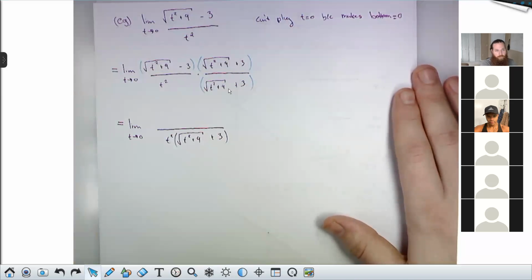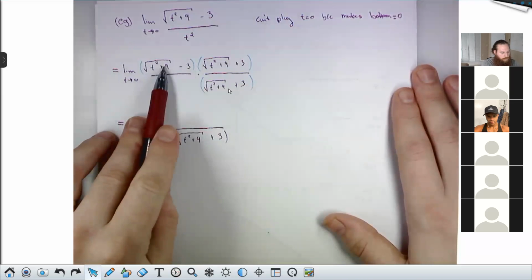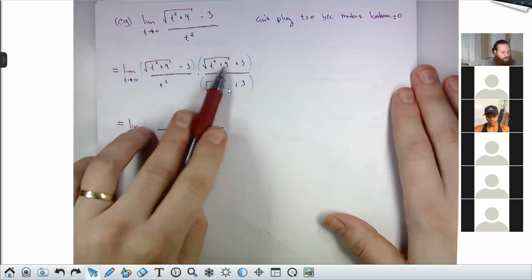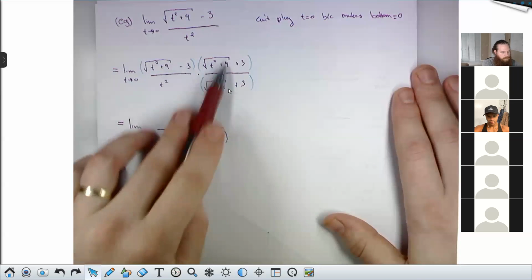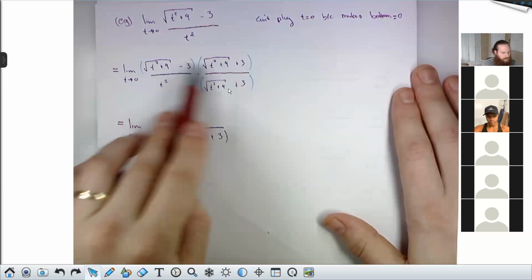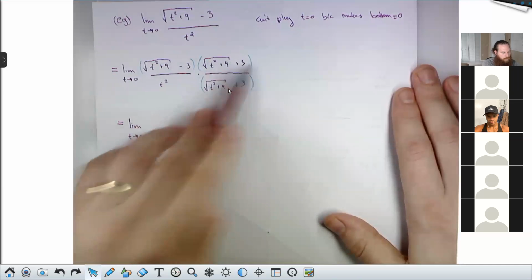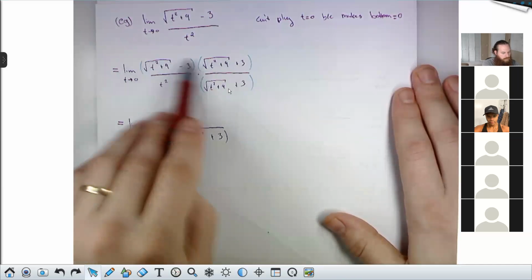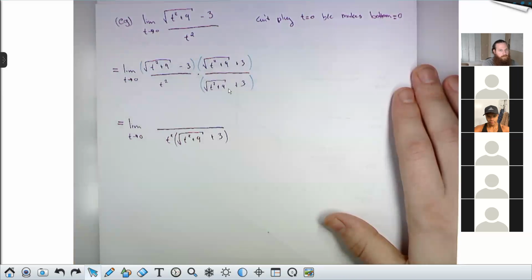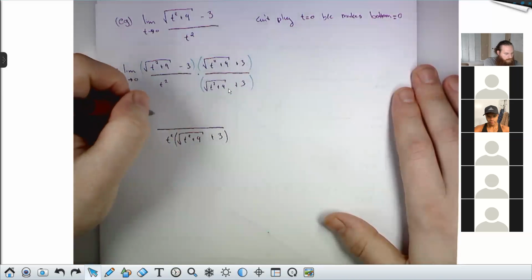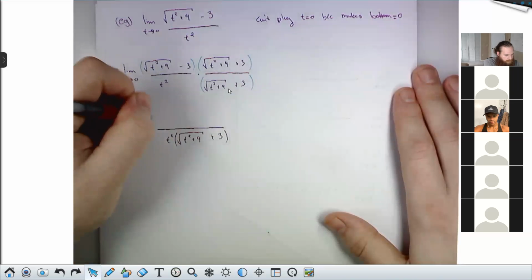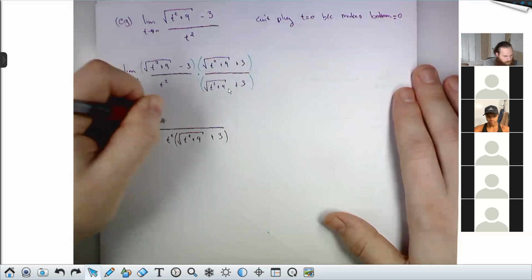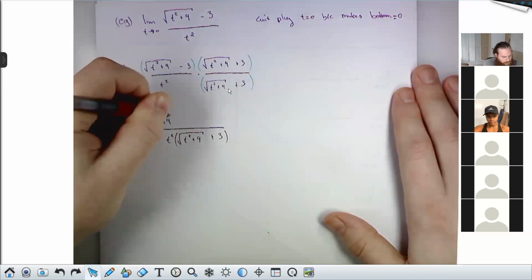Upstairs, we need to be more careful, right? I'll have the square root of t squared plus 9 times the square root of t squared plus 9. Like these are my firsts. These are my inners. These are my outers. And these are my lasts. I'll write this all out. This is t squared plus 9 under the square root squared.